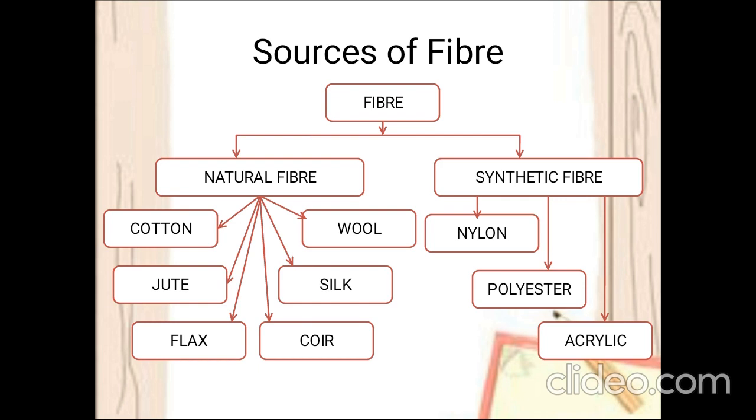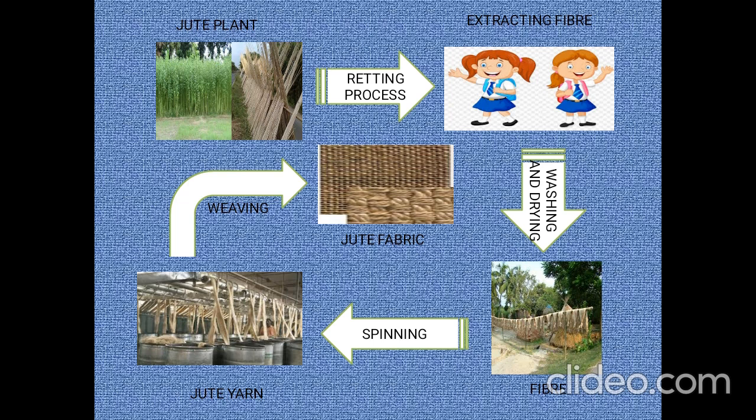Cotton is obtained through processes such as ginning, spinning, and weaving or knitting. Similarly, jute is obtained through processes such as retting, washing and drying, spinning, then weaving.